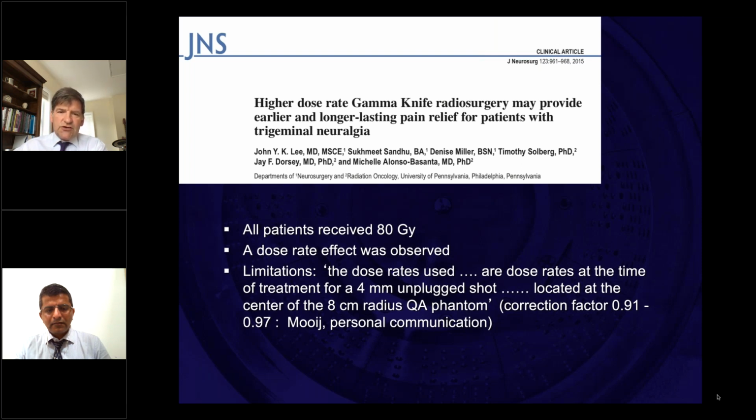Fortunately, the treatments tended not to have plugged shots, and that's really important because plugging doesn't change the reference dose rate of the machine, but it changes the dose rate at the trigeminal nerve, which is what we're interested in. So there was a dose rate effect seen in this, but they didn't use BED.